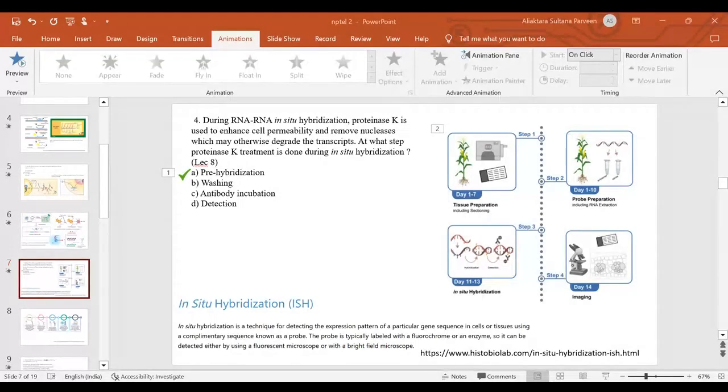So let's see what is done basically. You are preparing your tissue, which requires some processes like hydration and dehydration. Then you have to isolate the RNA, and the important part is that you have to make labeled RNA probes which can bind to the RNA.